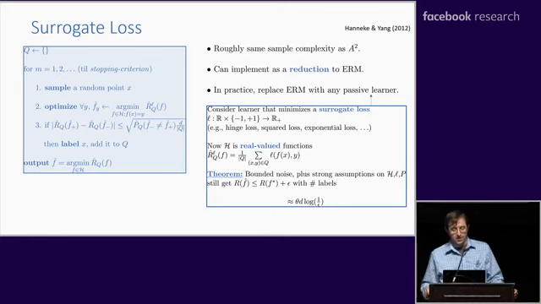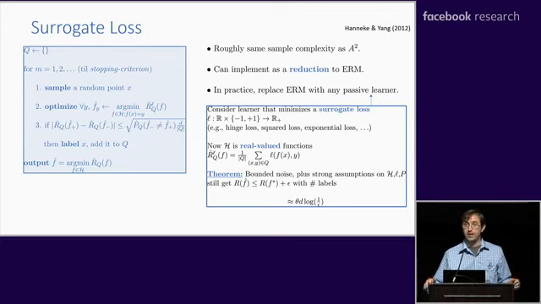In particular, if you consider a passive learning algorithm that minimizes what we call a surrogate loss, just a relaxation of the 0-1 loss, like hinge loss, squared loss, or exponential loss. These are some popular losses, right? Now you have some function class that has real valued functions, and then you can minimize this surrogate loss function in that step instead of the 0-1 loss.